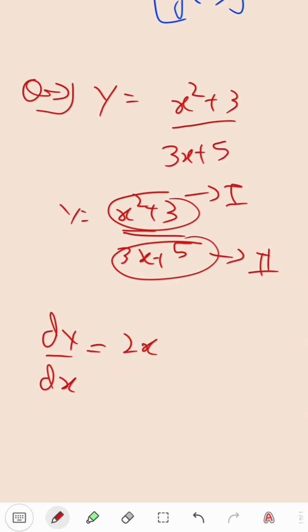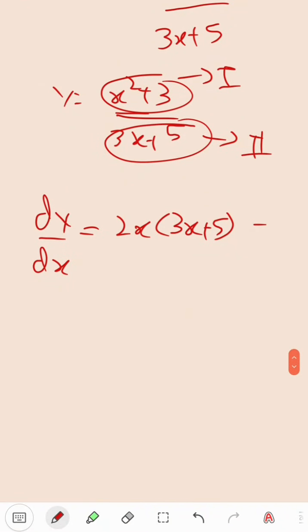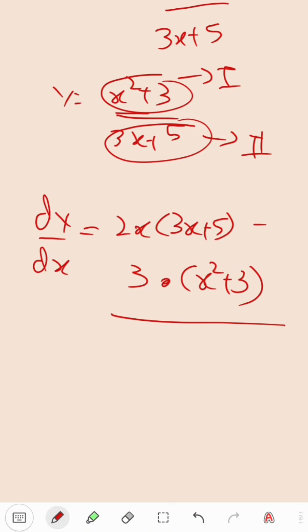So 2x into the second function as it is, that is 3x plus 5, minus, not plus, it's minus, the derivative of the second function, that is 3, because the derivative of 3x plus 5 is obviously 3, into the first function as it is, x square plus 3, divided by the square of the second function, meaning the square of 3x plus 5. So this is our answer.